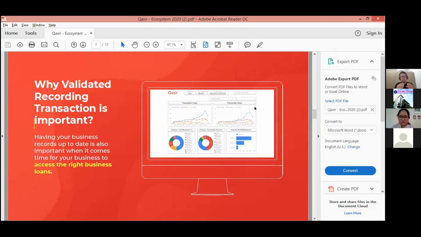If you have records and the transactions can be validated, the funder will have trust in giving to your business. So you can raise funds, grow your business, and expand with the right loans that you get. Okay, thanks.